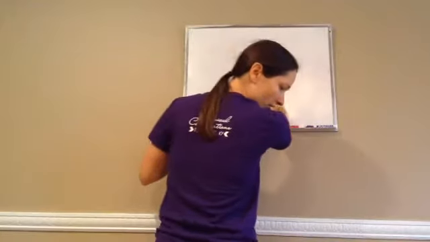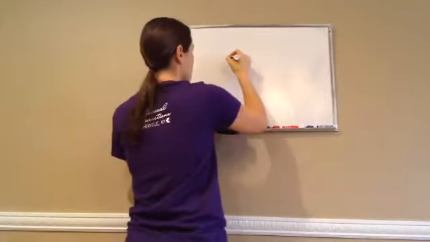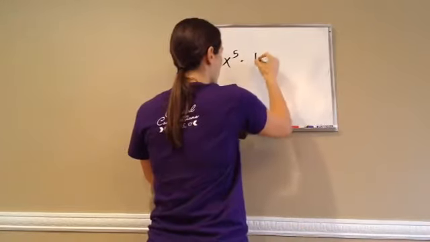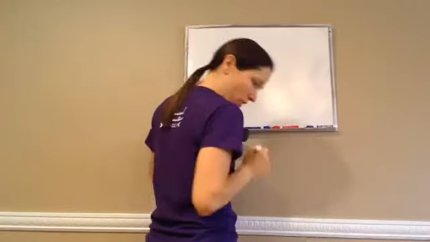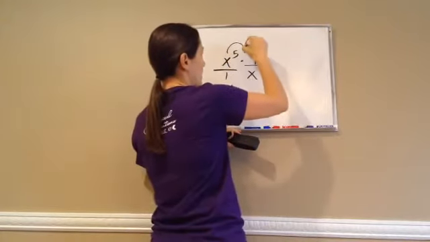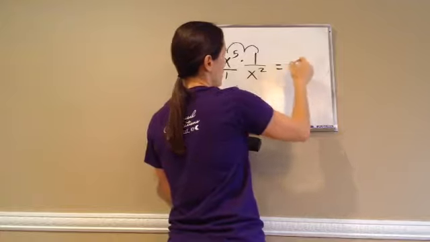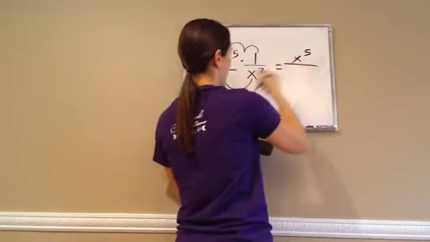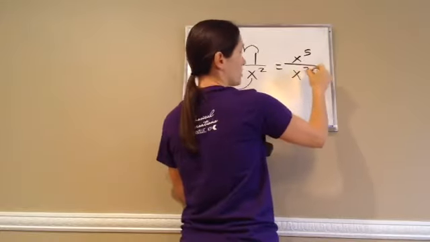But you also could have done it a different way. For example, x to the fifth times 1 over x to the second power. You could put this over 1 and go x to the fifth times 1, which is still x to the fifth, and 1 times x to the 2, which is x to the 2.